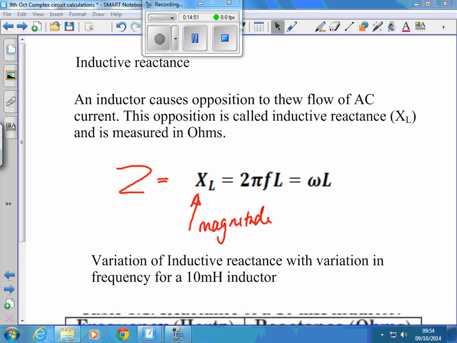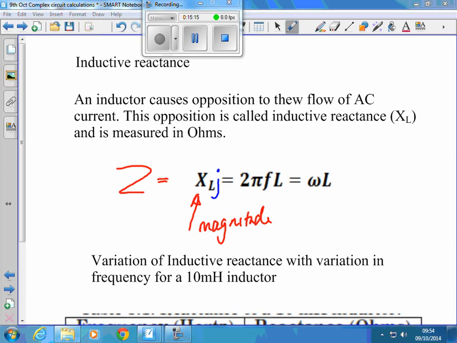So the size of the impedance is XL ohms. If we're going to talk about that, we would add the j to make it the impedance, then it's got its angle. Okay. So XL is the positive imaginary part of an impedance.